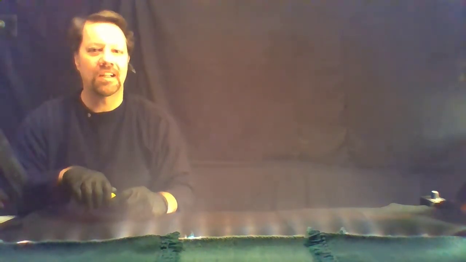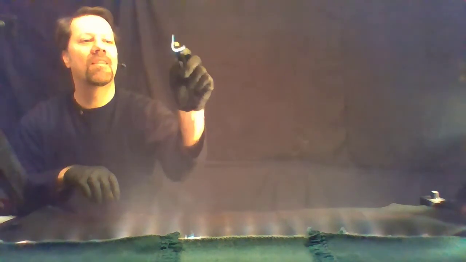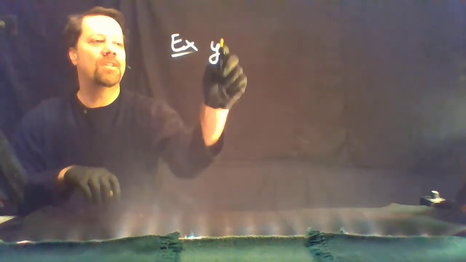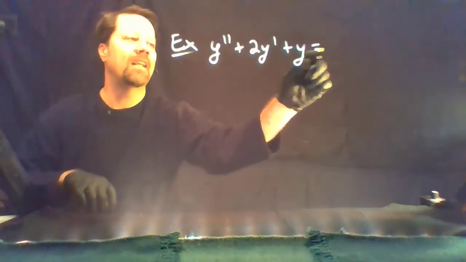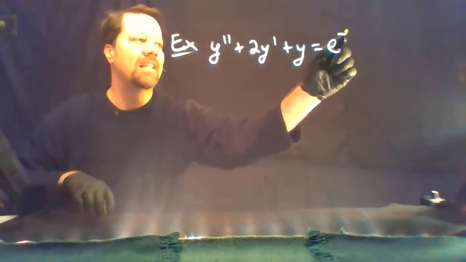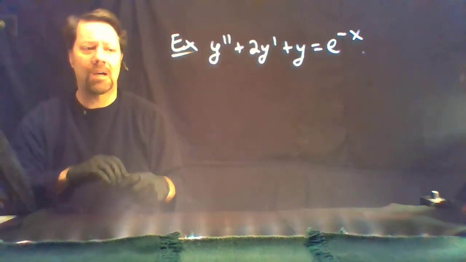Before moving on, I'd like to show you one more thing that can go wrong with your guesses. Consider the differential equation y double prime plus 2y prime plus y equals e to the negative x. It seems like a simple little problem.